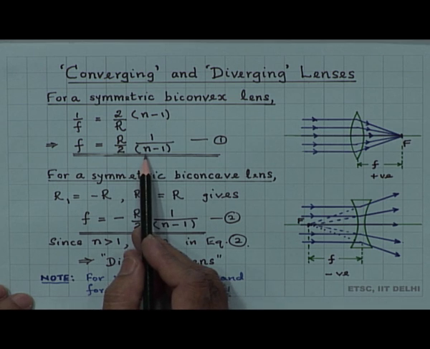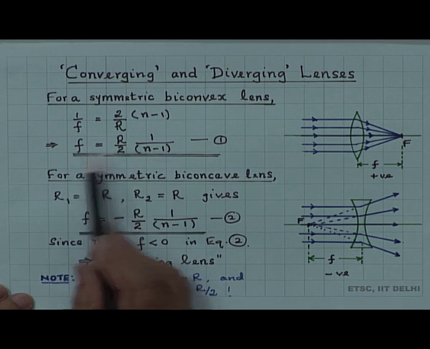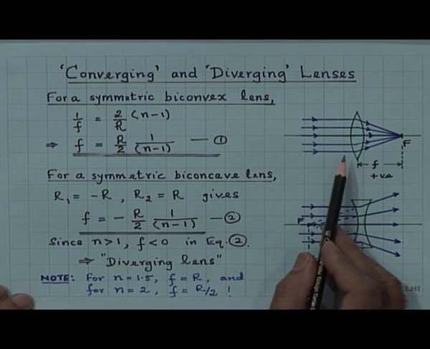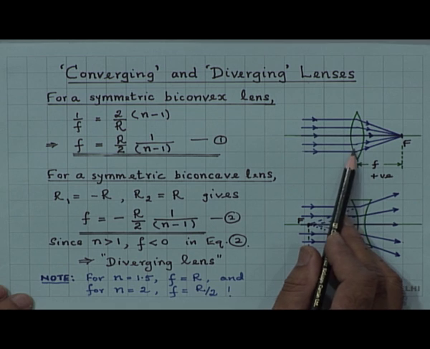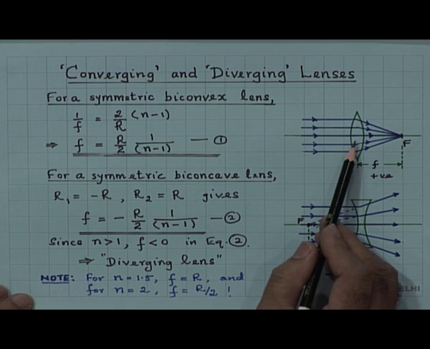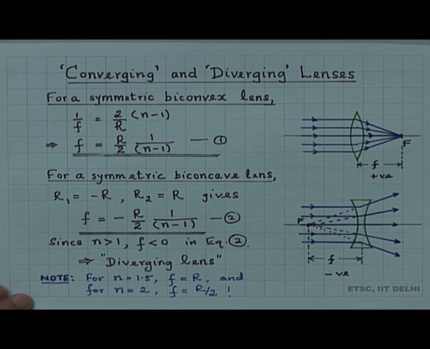If you put n equal to 2 here, then this whole thing is 1, and therefore f is equal to R by 2. So, it clearly indicates that the focal length depends not only on the radius of curvature, but also on the refractive index of the material. So, in one case the focal length is R, in the other case the focal length is R by 2.